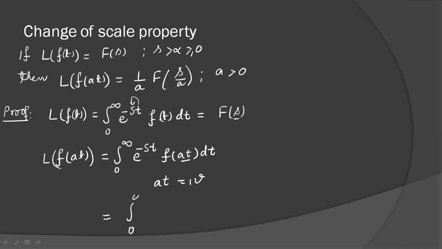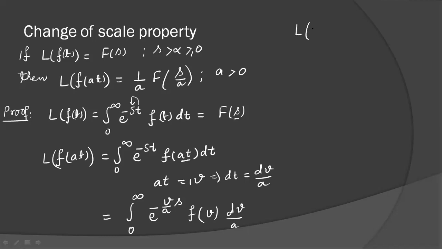E to the power minus s, put the value of t, it will be v over a, f of v. What will be the dt here? dt will be dv over a. We can divide by a in the denominator side. So dv by a.